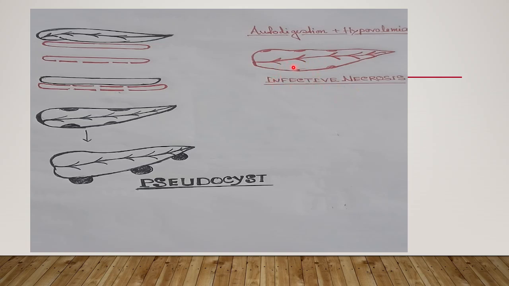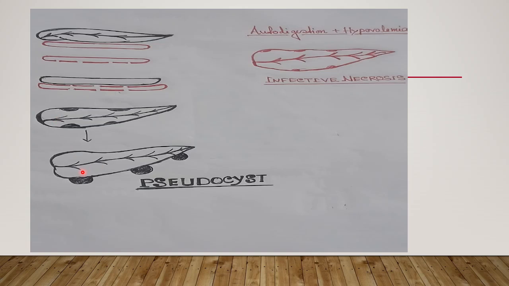Infective necrosis, and also the increased permeability of blood vessels. Due to increased permeability of blood vessels, fluid accumulates in the pancreas and fills the pancreatic tissue. This leads to inflammation, and when the fluid-filled area is encapsulated with fibrous tissue, this is called a pseudocyst.